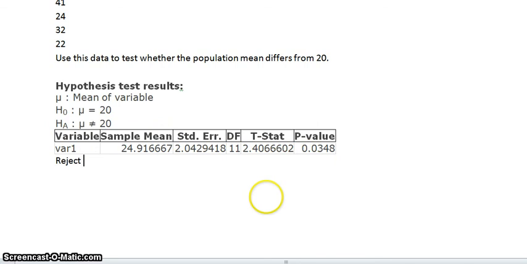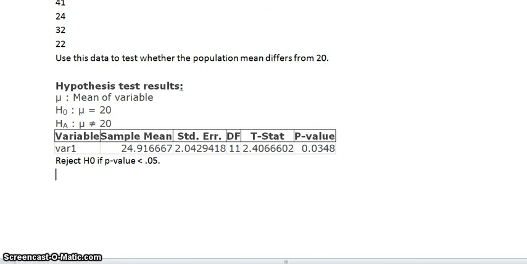We're going to reject H naught if the p-value is less than, and here they didn't give you a value for alpha. That's okay. If they don't give you a value for alpha, just use 0.05. So in this case, our p-value is less than 0.05.